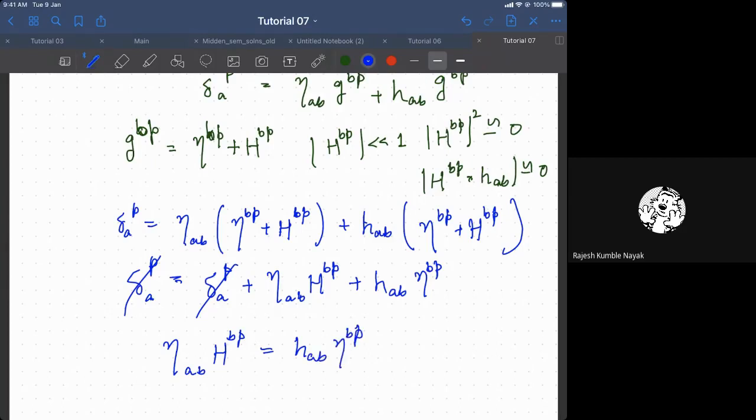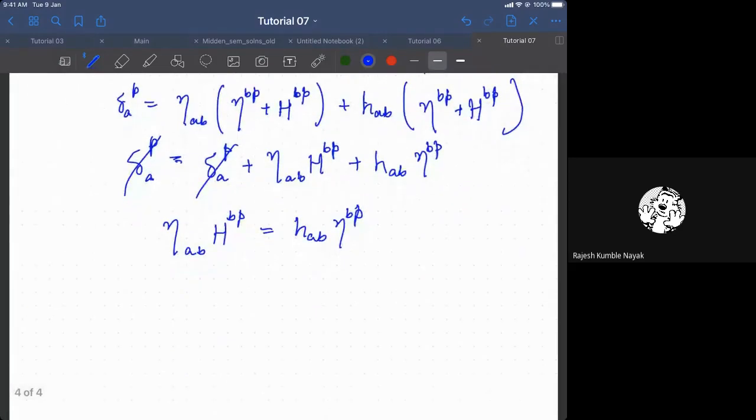Now I multiply both sides by eta^AQ. Now this simply becomes, B becomes Q, so PQ here is symmetric, it doesn't matter.